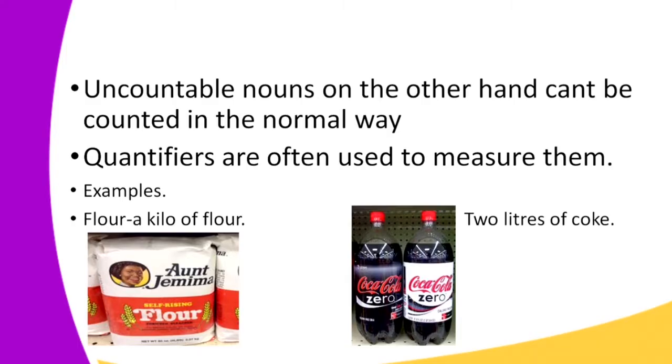For example, when we want to talk about flour, we can talk about a kilo of flour. When we talk about liquids, for example, soda, we can say 2 liters of Coke. You can say 1 liter of Coke or 1 liter of milk. We'll look at that as we move on.